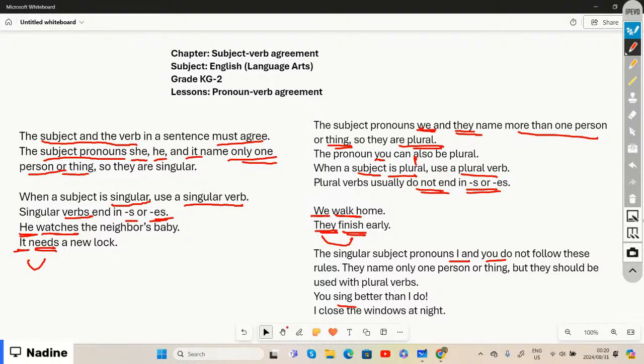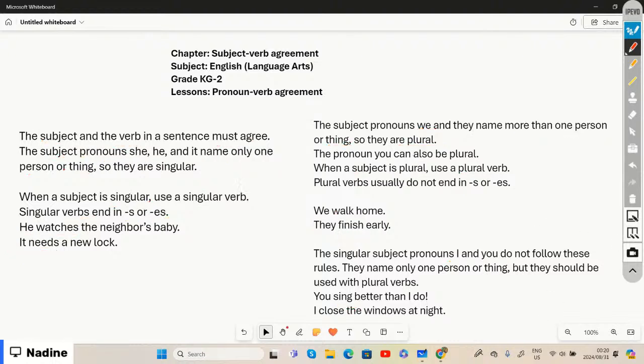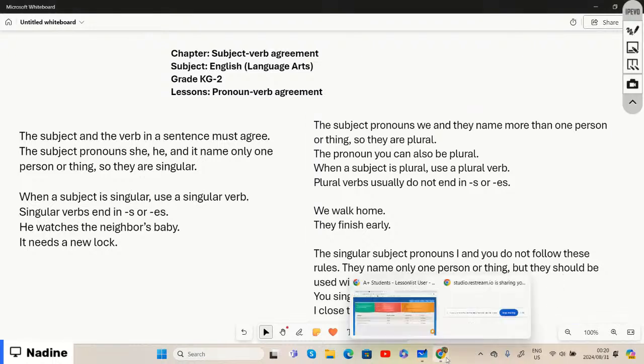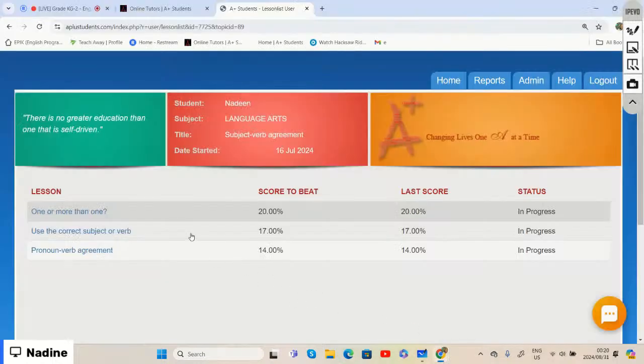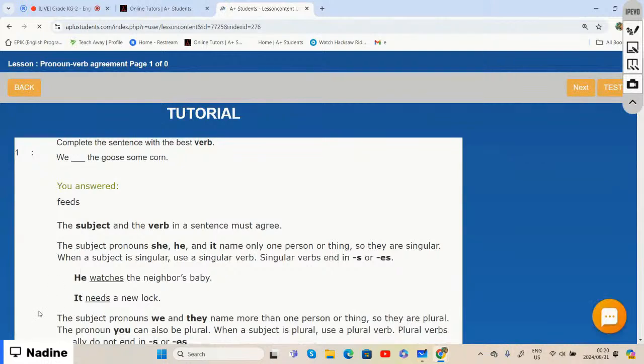All right. So now we're going to aplusstudents.ca and we are going to once again go over our pronoun verb agreement.